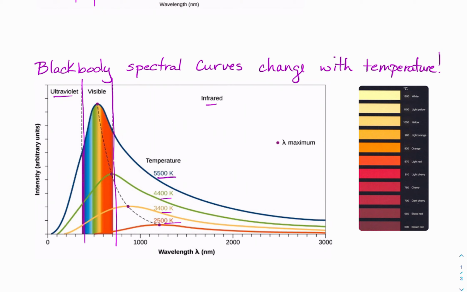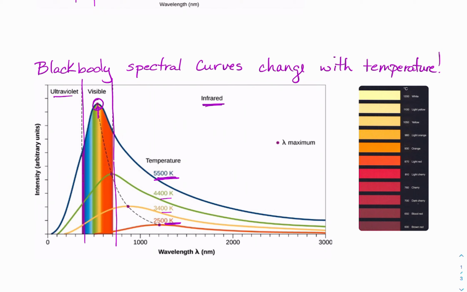It turns out that the light emitted in the visible spectrum will differ based on that temperature. Something that is heated only to 2,500 Kelvin, its maximum wavelength of light emitted would be in the infrared spectrum, whereas something heated to, say, 5,500 Kelvin, its maximum wavelength would be in the visible spectrum, somewhere in the yellow section that you would see coalescing as the overall color of that substance.